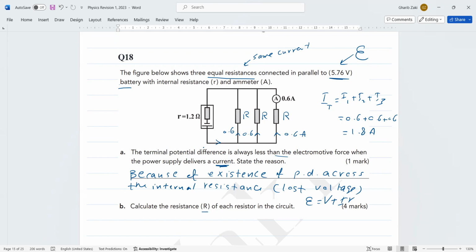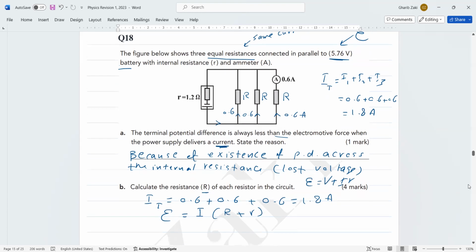Now calculate the resistance R of each resistor. Now, we said I total here equals 0.6 plus 0.6 plus 0.6 equals 1.8 ampere. Which formula do we use in case of EMF? EMF equals I times R capital plus R small.